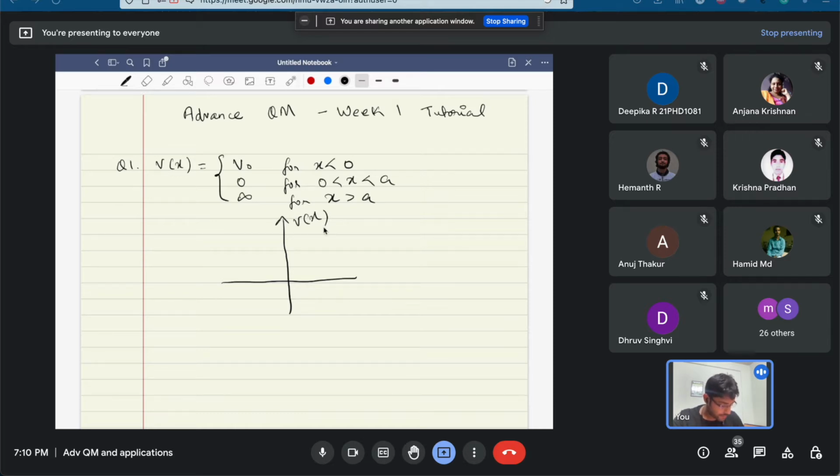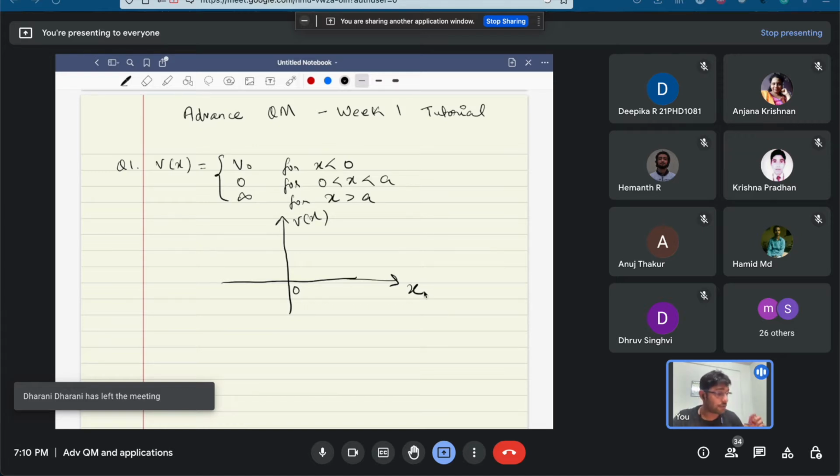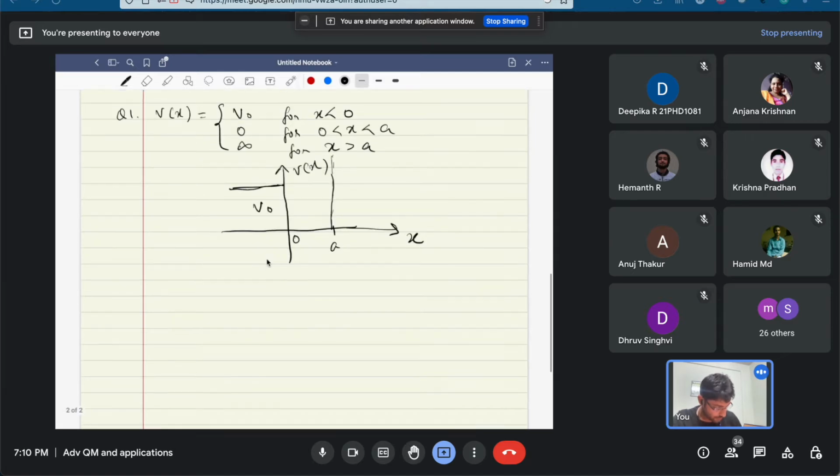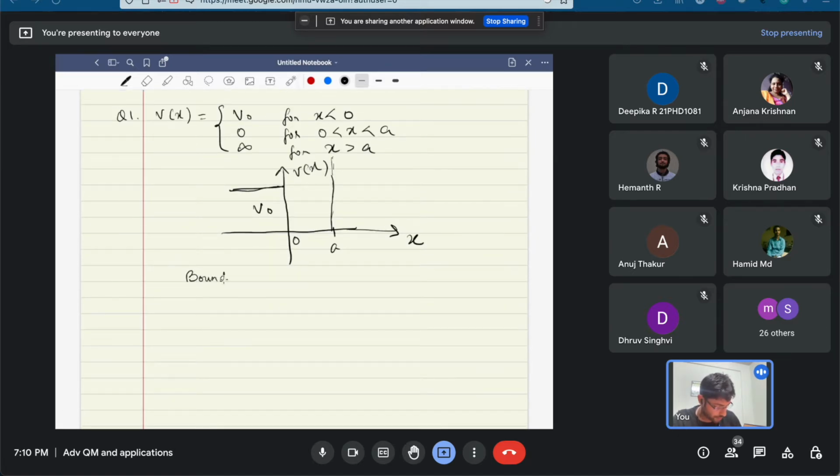This is x equal to 0, this is the x-axis, and at a there is an infinite potential, so we make it infinite here, and for x less than 0 we have a potential V0. So let's say this is the height V0. What we are going to do is check the boundary conditions here, and also find out the wave functions using those boundary conditions.